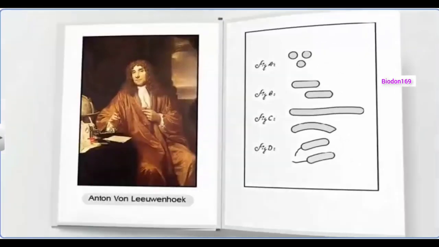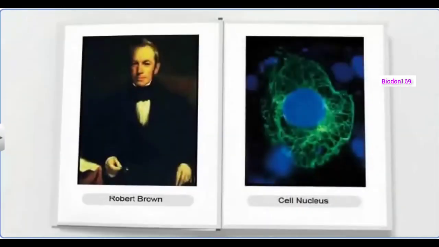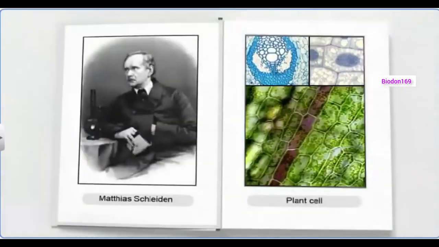Later, Robert Brown expanded on Leeuwenhoek's studies and pointed to the presence of a cell nucleus. In 1838, German botanist Matthias Schleiden examined numerous plant species and concluded that plants have different types of cells which form plant tissues.